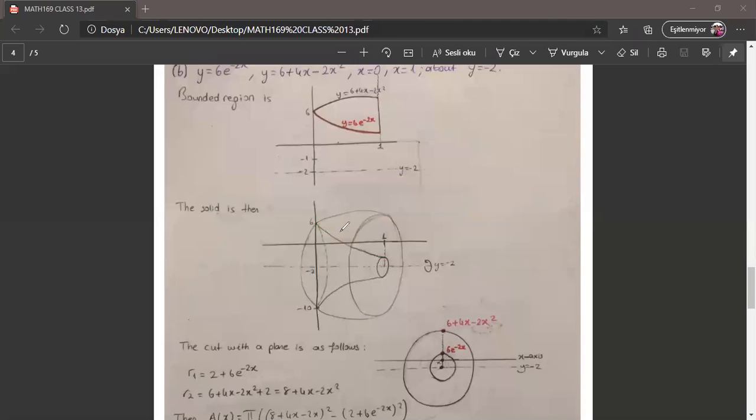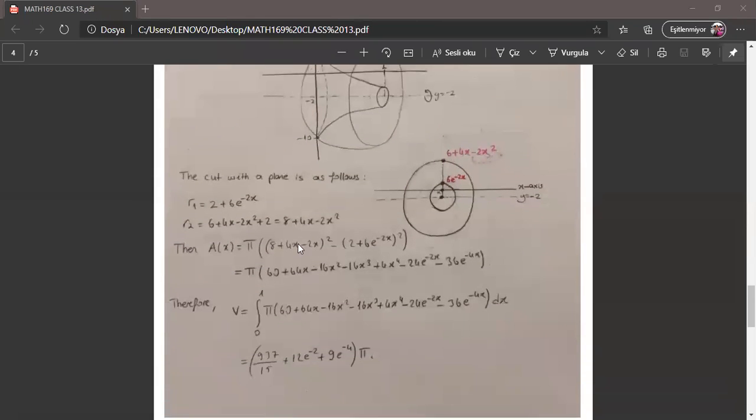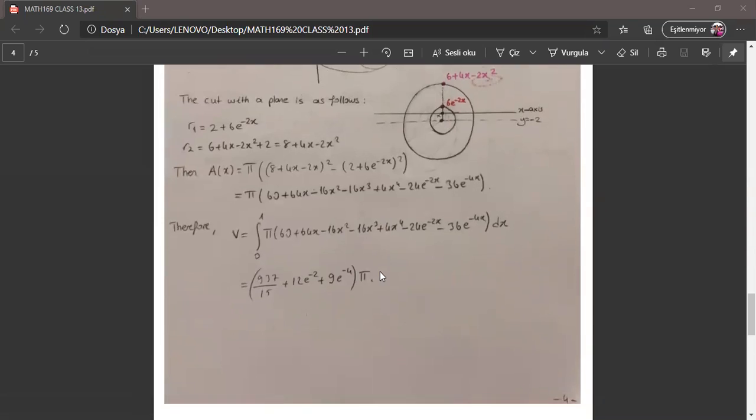Here we had 1, the above boundary, and the below boundary here is 0, right? So x changed between 0 and 1. Then the boundaries of the volume will be 0 and 1. And the rest is easy. Okay.